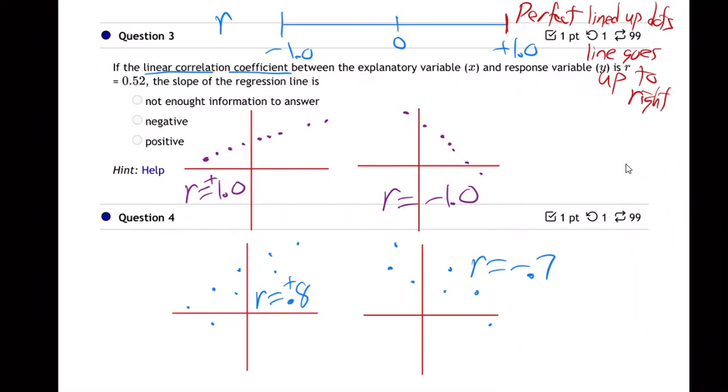And down here, perfect line going down. And then in the middle, the dots are not lined up at all.